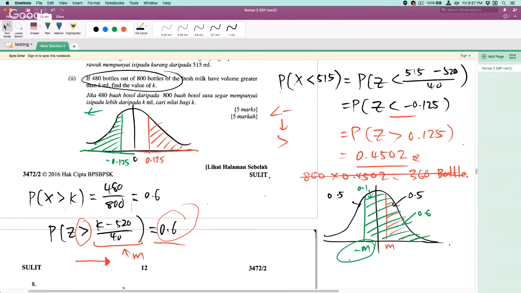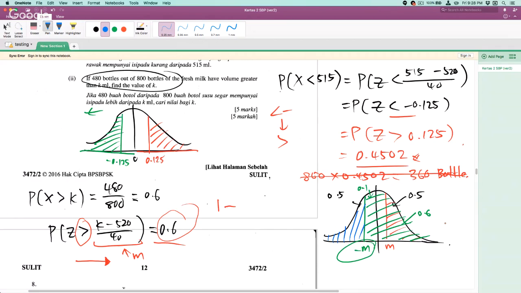But now the second big problem is that your Z value table maximum value is 0.5 only. There's no way you can look up 0.6. So in order to find this area, I will use 1 minus the blue color one. 1 is the total, right? If I take 1 minus the blue color one, I can get the green color one.